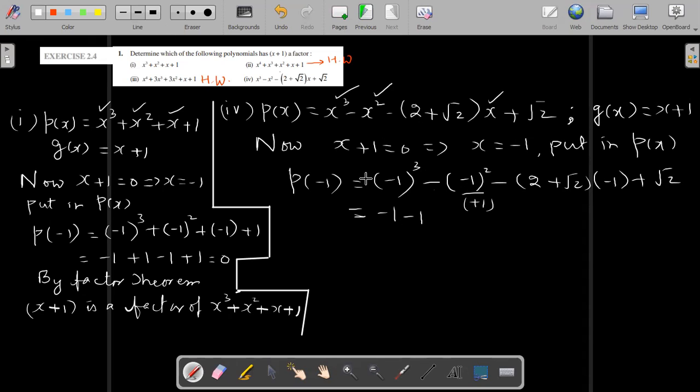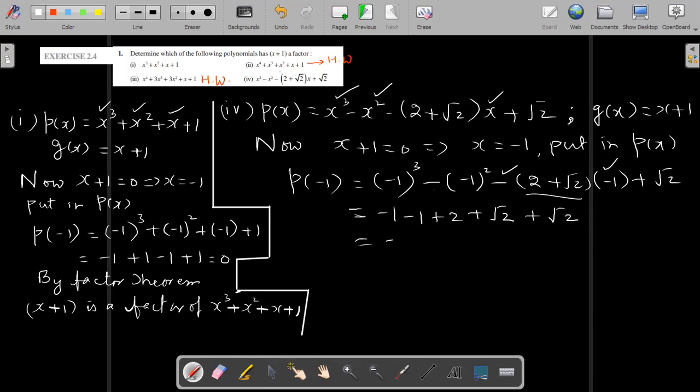Okay, are you getting it? Then minus 1 cubed is minus 1, and this will become plus 1, but because of this minus, this will become minus 1. Okay, got it? Then multiply this minus 1, and this minus will become plus. Minus into minus is plus, and all will become plus. So plus 2 plus root 2 plus root 2.